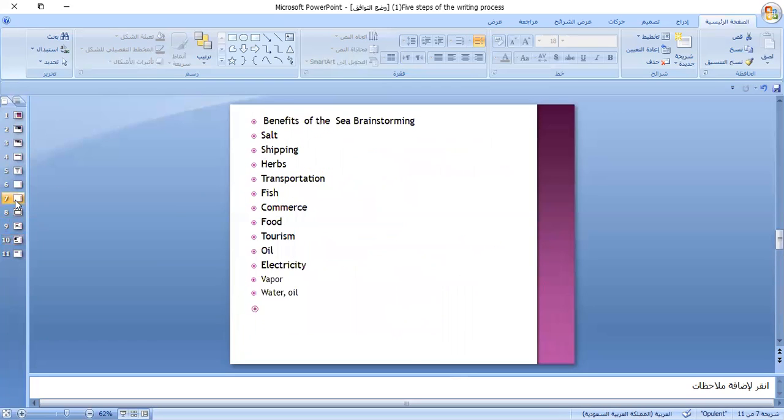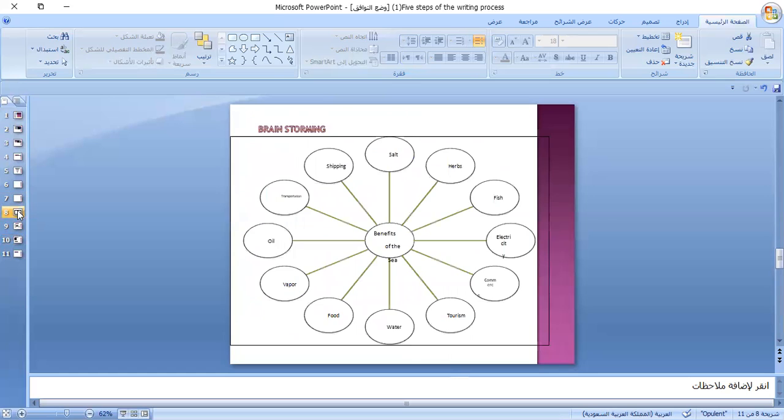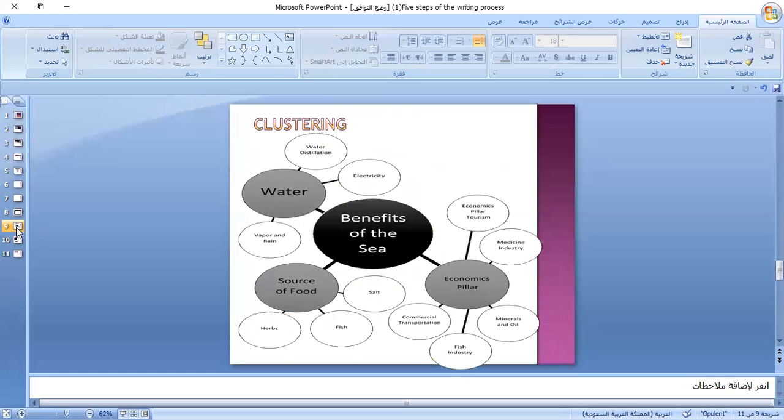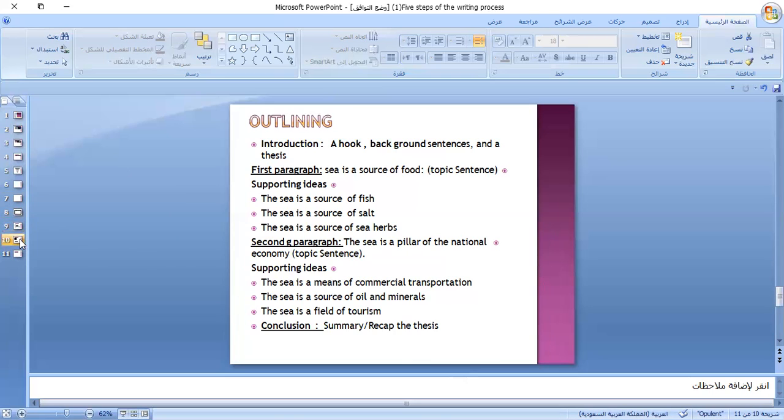And the third paragraph, the sea is a source of water. Okay, and you have the supporting ideas: water distillation, electricity, and vapor and rain. Okay, now of course, later on, you will have your conclusion. At the end, you will have a summary of the whole topic, or you recap the thesis, but in other words.